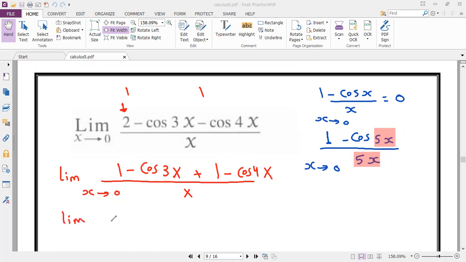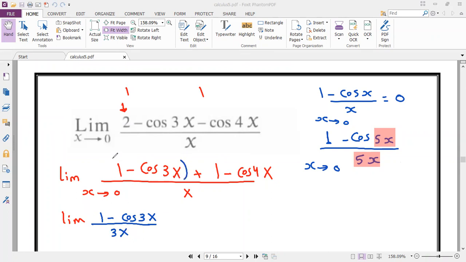So the first limit is 1 minus cosine 3x over x. I'm going to multiply this x by 3 just to make the angle the same.